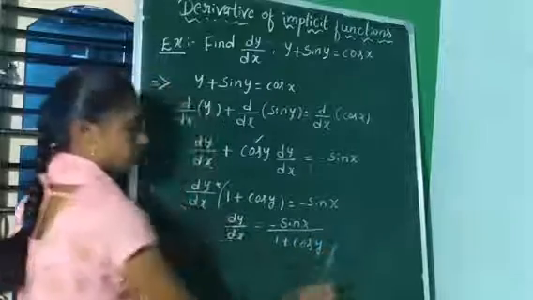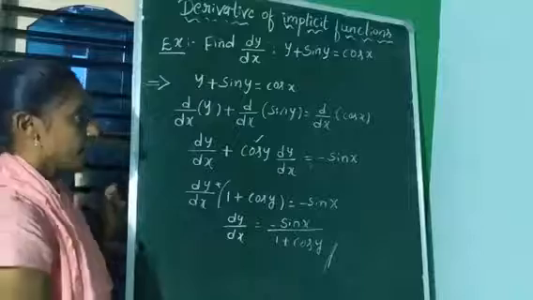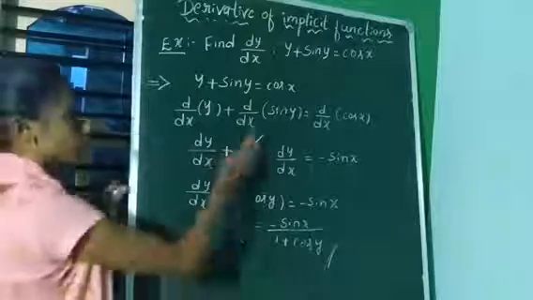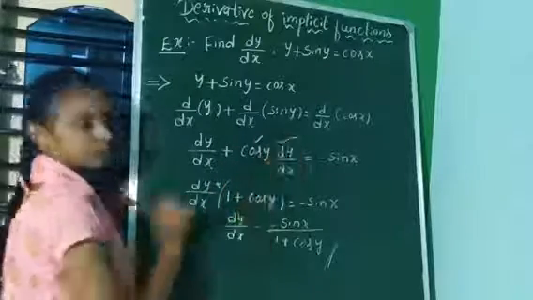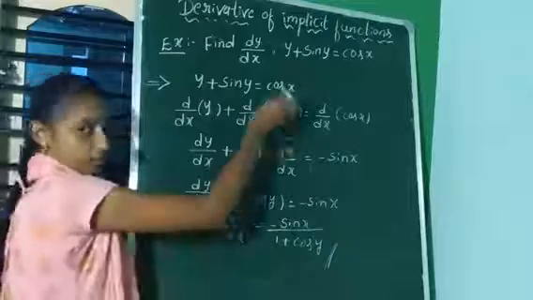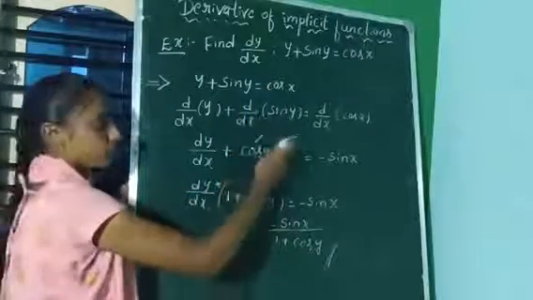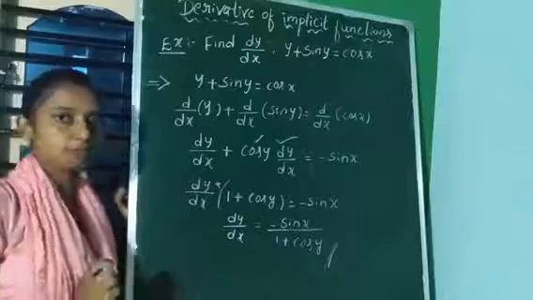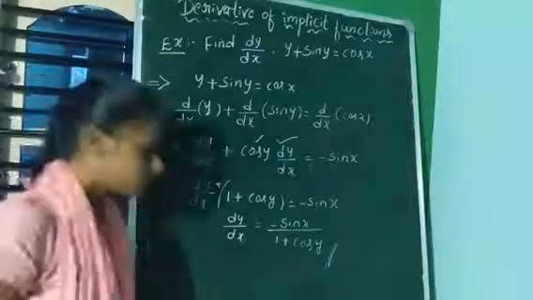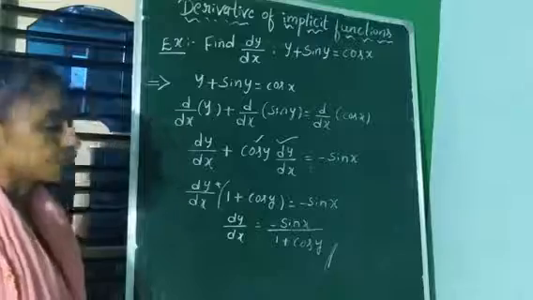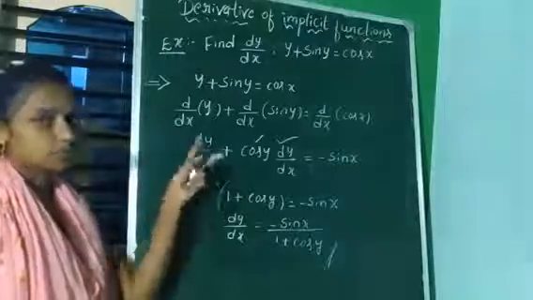Hope you understood this. Okay, it is simple. The only thing is you should remember this part: if it is y, you have to differentiate and again write dy by dx. That is compulsory. Clear? So now I will go with the exercise. In the exercise there are problems on 2 concepts.